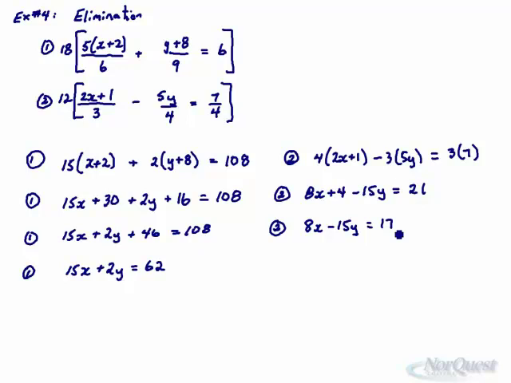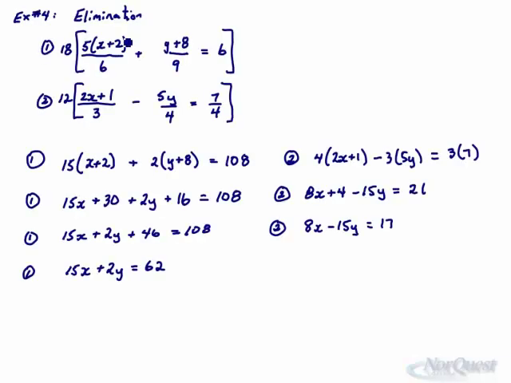So equation 1 becomes 15x plus 2y, forgot what it was equal to, 62.